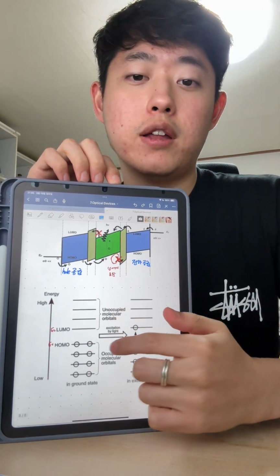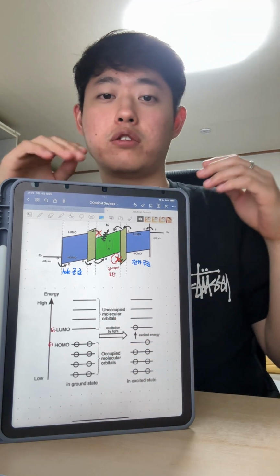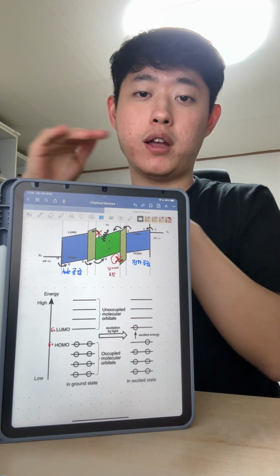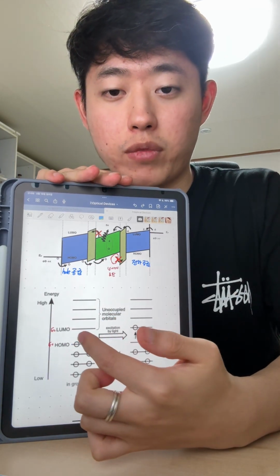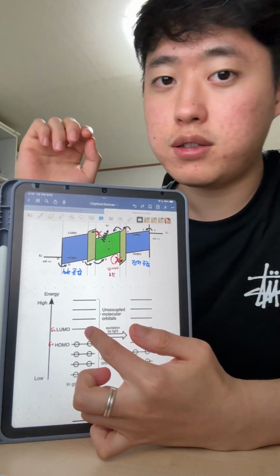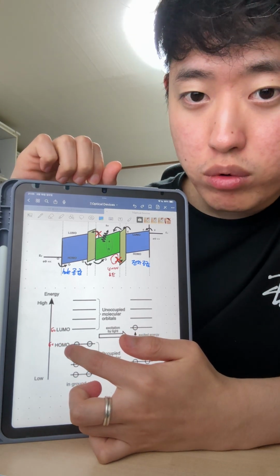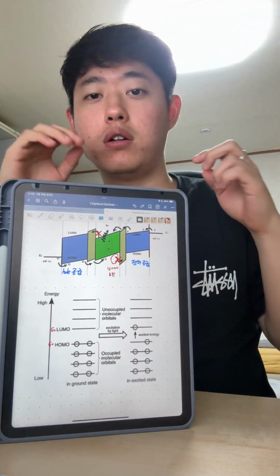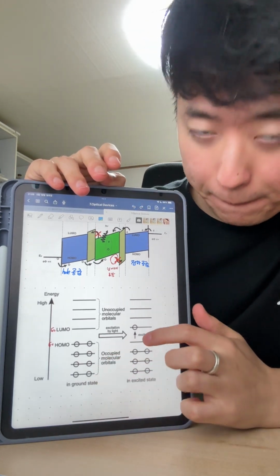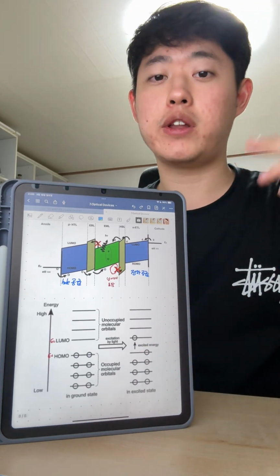And this is the LUMO. This is not crystalline, so they have very many levels in the energy band, but the lowest band here is the LUMO. This is like the conduction band, and HOMO is like the valence band. So when electrons go here and go down, light is generated.